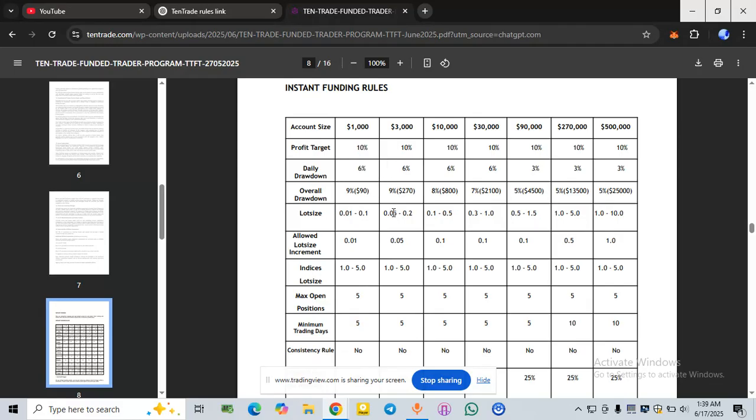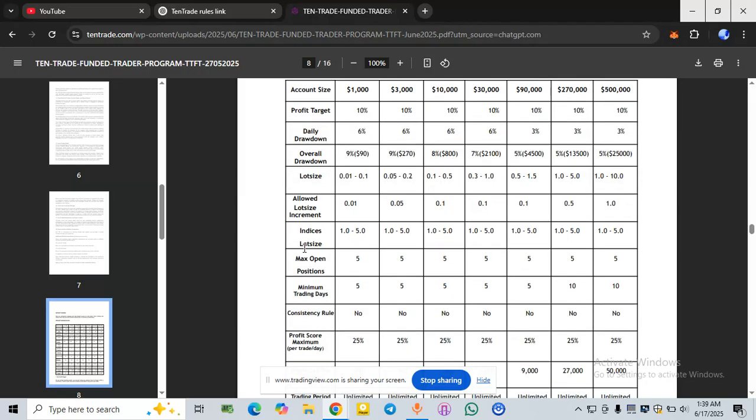So what it simply means is that, let's say for example, on a 3k account, you cannot at a go enter less than 0.5. If you enter less than 0.5, then you violated this particular rule. Now on the 10k account, you can use less than 0.1 lot size at a go.